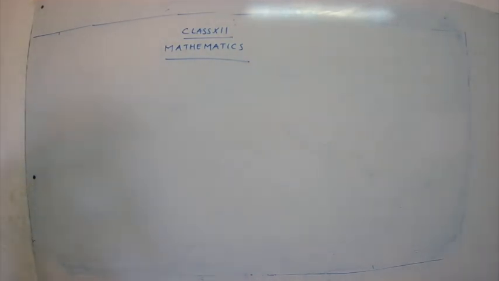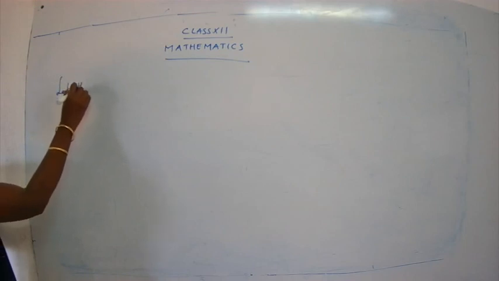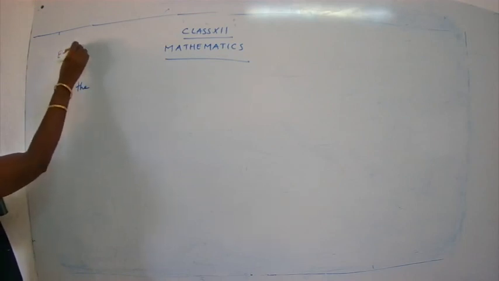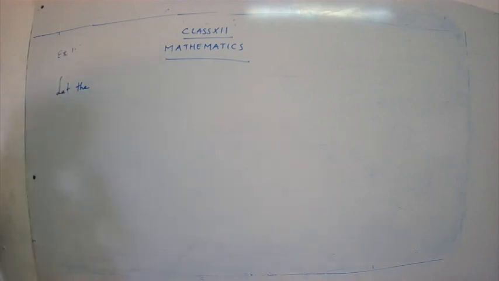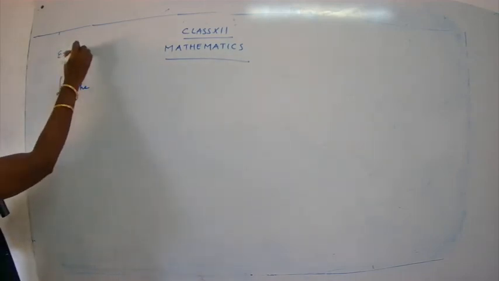So let's start with the statement here children. Write down the statement. We have to take 3 unknowns because we have to find out the price of each bond. That means 6% bond, 8% bond and 9% bond. So totally how many unknowns do we have here? 3 unknowns. So let's write down the statement. Exercise 1.5 sum number 3.